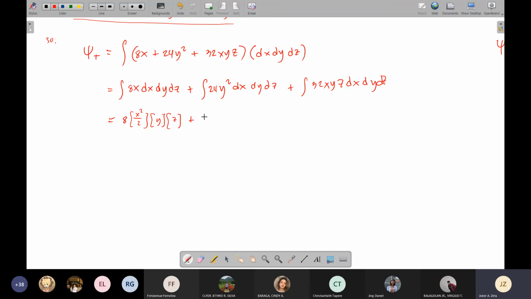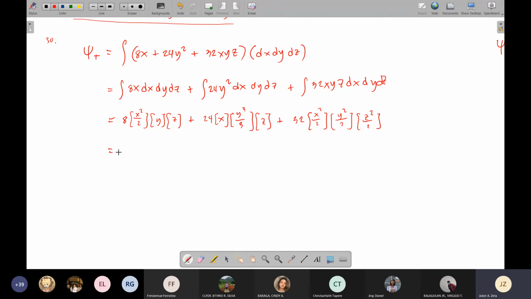Plus 24 times the integral of dx, that is x, the integral of y squared dy, that is y cubed over 3, times the integral of dz, that is z. And lastly, 32 times the integral of x dx, x squared over 2, times the integral of y dy, y squared over 2, and the integral of z dz, that is z squared over 2.